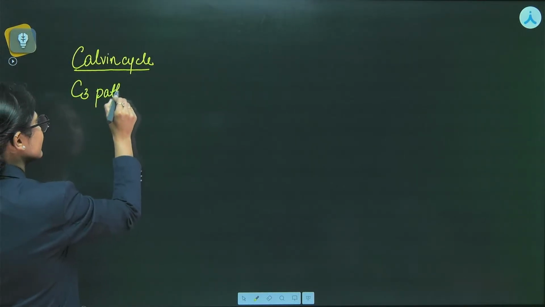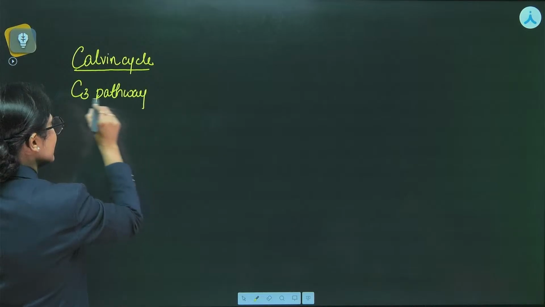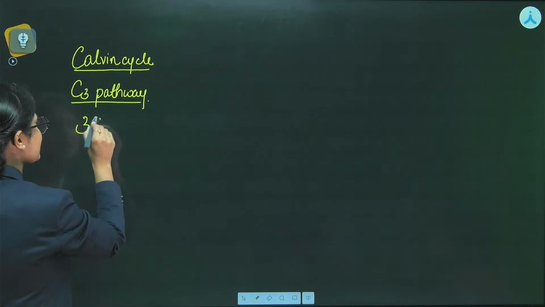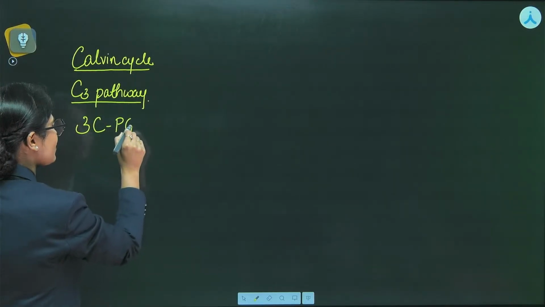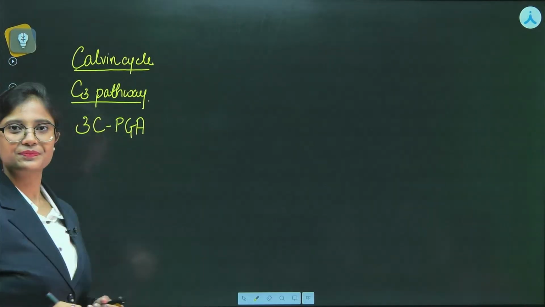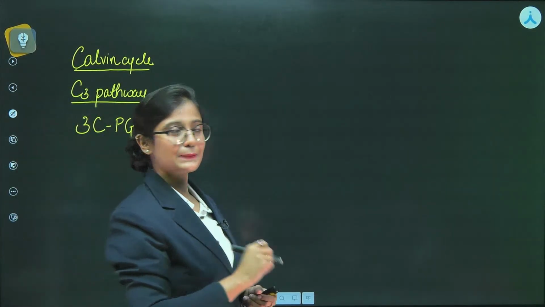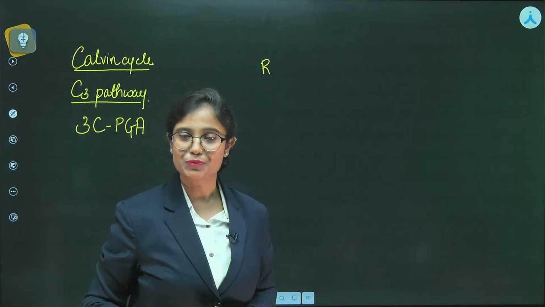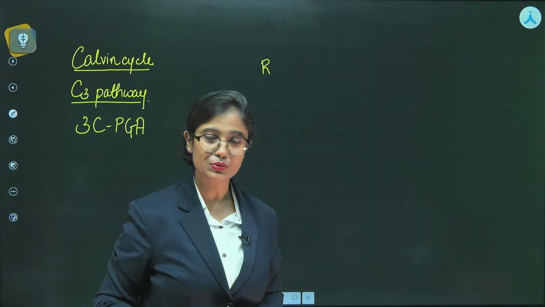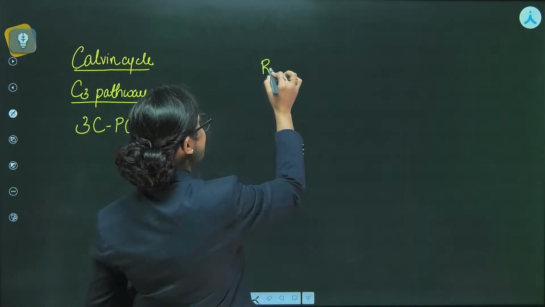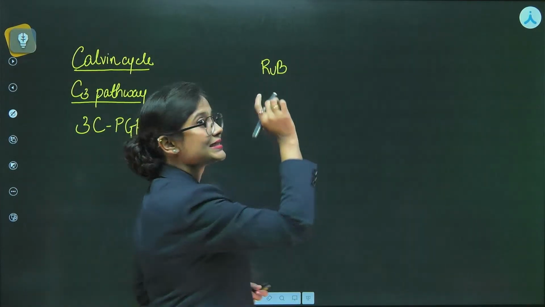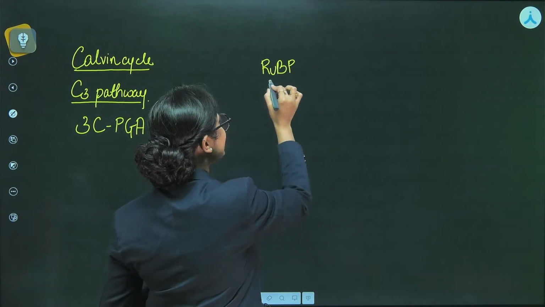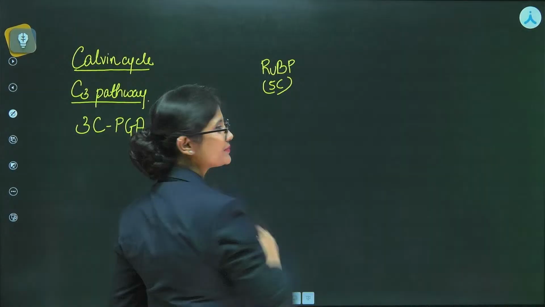Why C3 pathway? Because the first stable compound which is formed during the Calvin cycle is a 3-carbon compound, which is phosphoglyceric acid. Right? Now let's see. The first carbon dioxide acceptor, or we can say the primary CO2 acceptor in the C3 plants, or we can say in Calvin cycle, is RuBP, which is a 5-carbon compound.